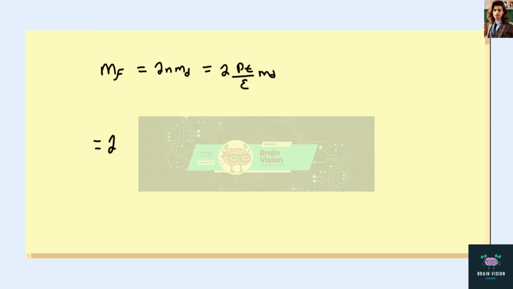So we have 2 times 960 watts, and we need to convert this to joules per second.